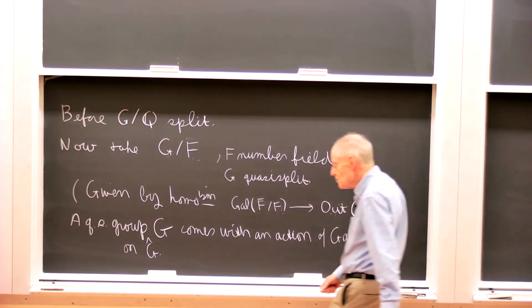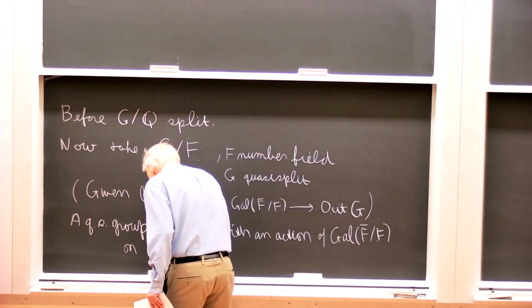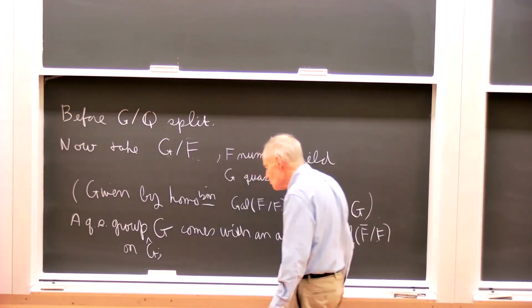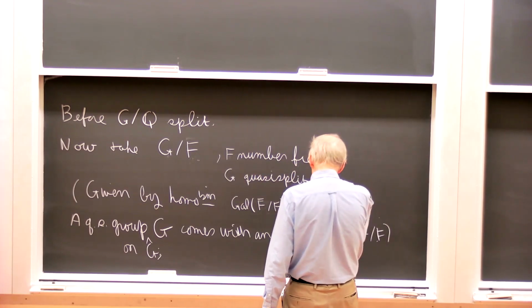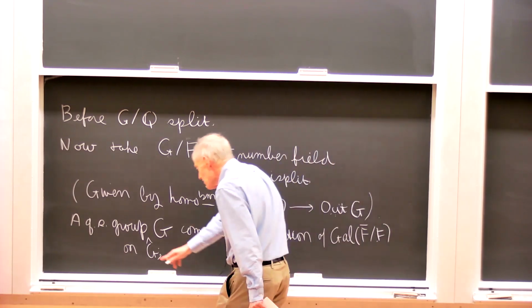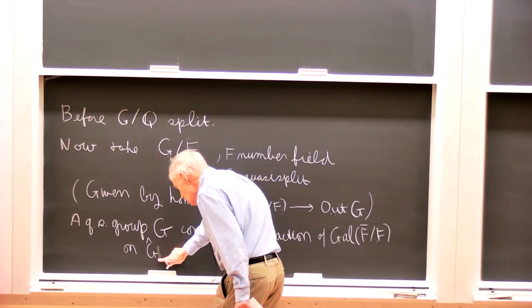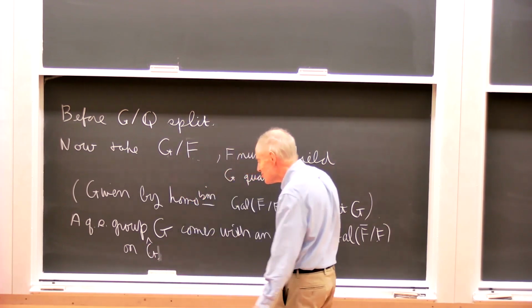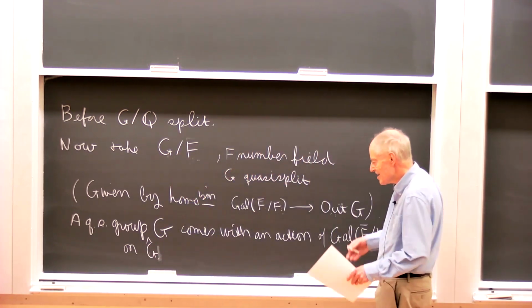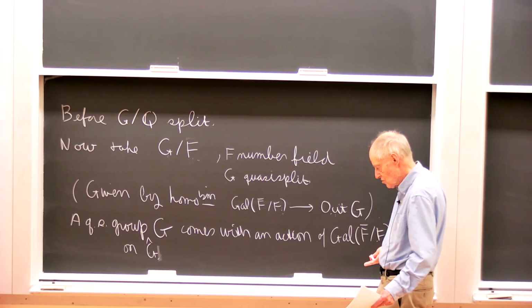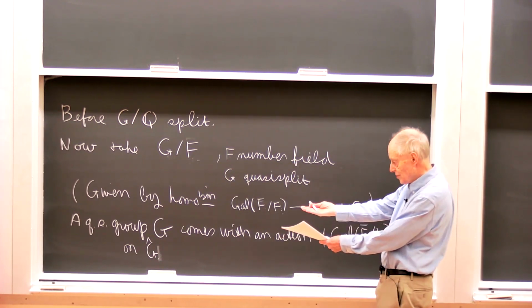But you also get, just by the construction of the dual group, an action of the Galois group on G hat. G hat is already a complex group, so we're not changing any Galois action on that group. That's a complex group.